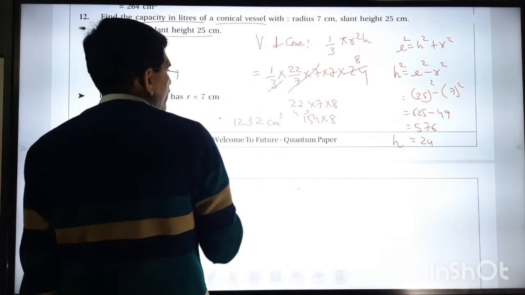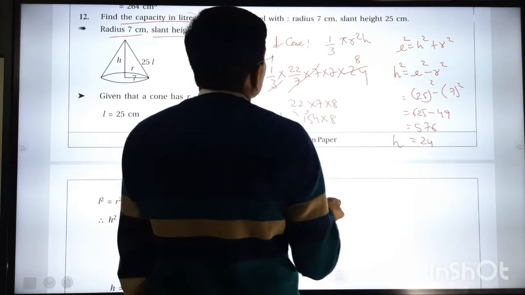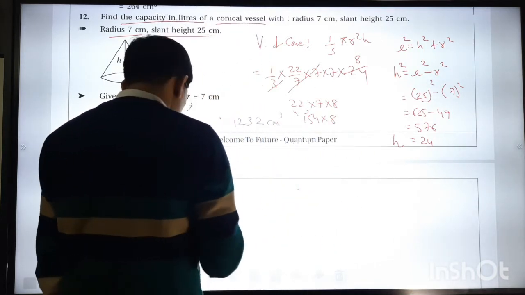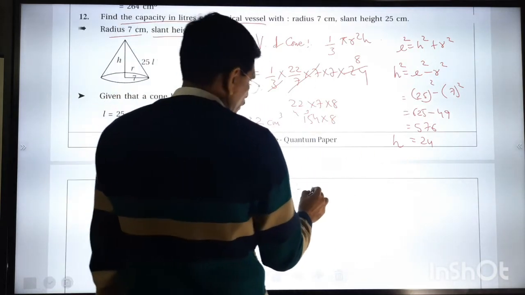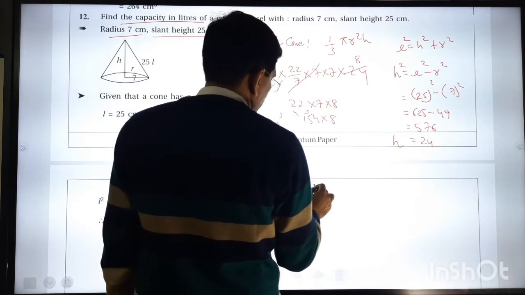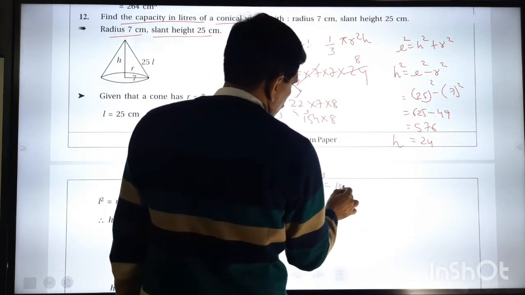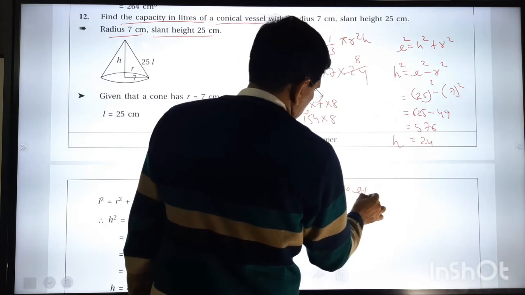Here everything is in centimeter. Now we have to convert into liters. So we know that 1 meter cube is equal to 1000 liters.